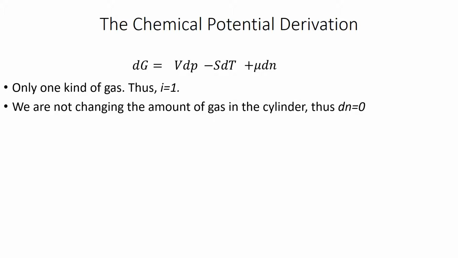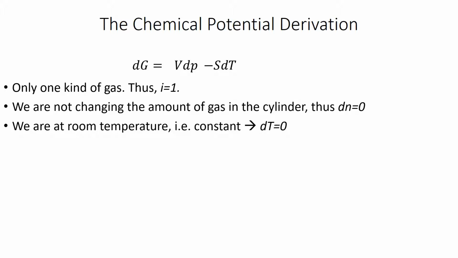Or if you're into the nitrogen ice cream making things, it's sitting there in some ice cream parlor doing nothing. Thus, the change in the particle number, or the change in number of moles, is equal to 0. So the sum goes away. We're at room temperature, so the change in the temperature is 0, and we're left with this equation that the change in the Gibbs free energy is equal to the volume times the change in the pressure.